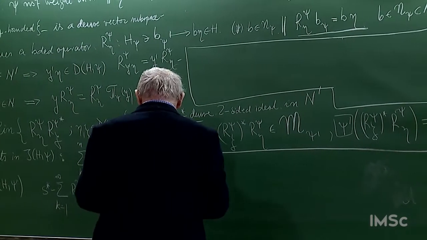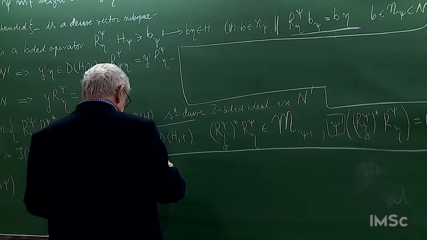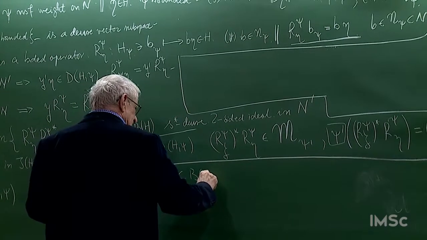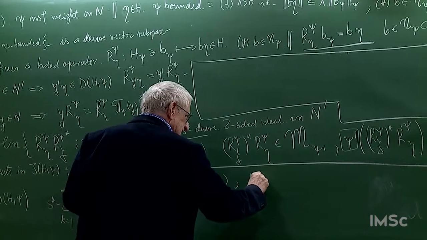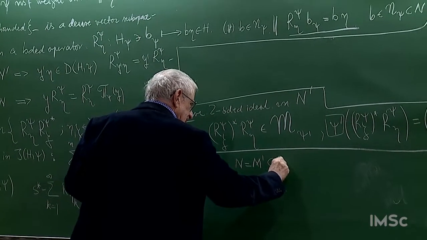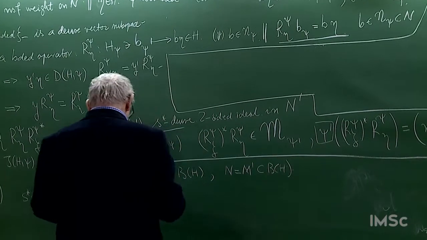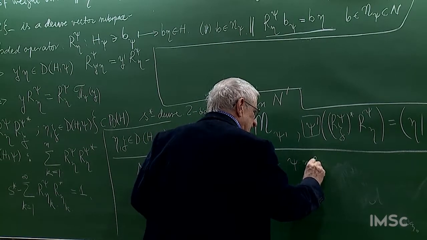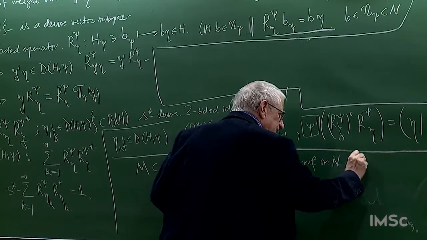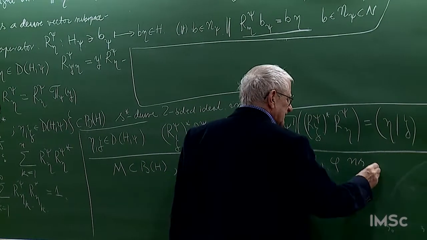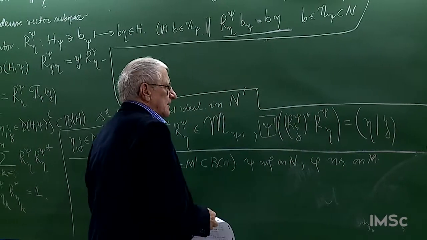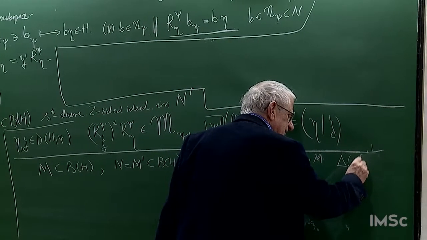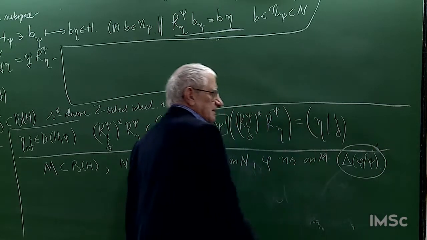Okay, so now I assume that I have a von Neumann algebra M in B of H, and I denote by N the commutant M prime in B of H. We take psi an NSF weight on N, and phi just a normal semi-finite weight on M. We want to define the operator which is denoted by d phi psi. This is the goal now.